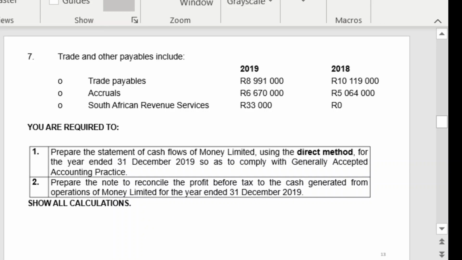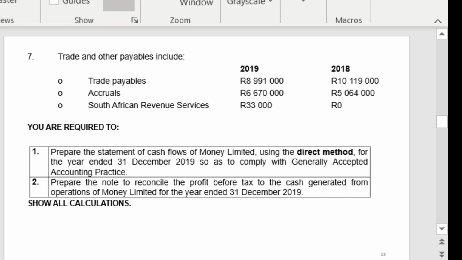Now let us look at how one approaches this type of question. What type of exam technique can one use in order to answer a cash flow statement question and be able to finish within the time that you are provided? I suggest that the sensible approach is to first draft the outline or the structure.